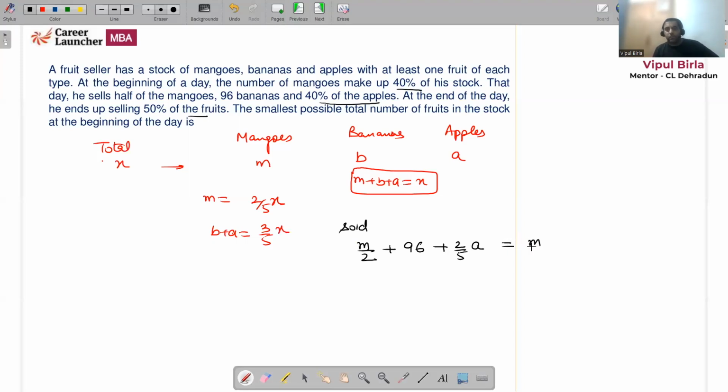The entire fruits is equal to M by 2 plus B by 2 plus A by 2. So that means 50% of the fruits. So from this we can see M by 2 will cancel each other, and therefore I end up getting B by 2 plus A by 2 minus 2 by 5 A is equal to 96. The LCM is 10.